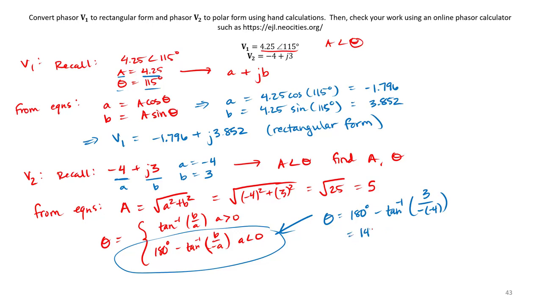That gives us 143 degrees. So therefore, our V2 as a phasor in polar form will be 5 angle 143 degrees.